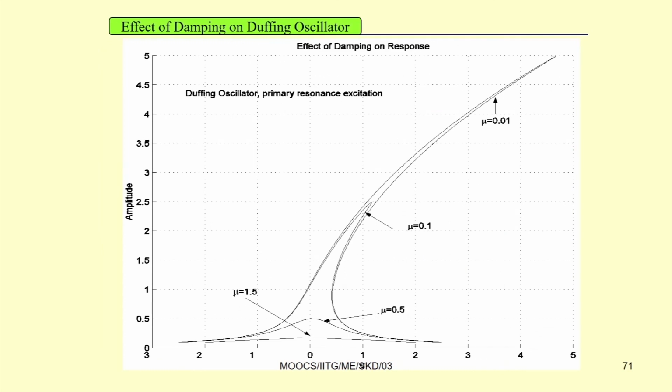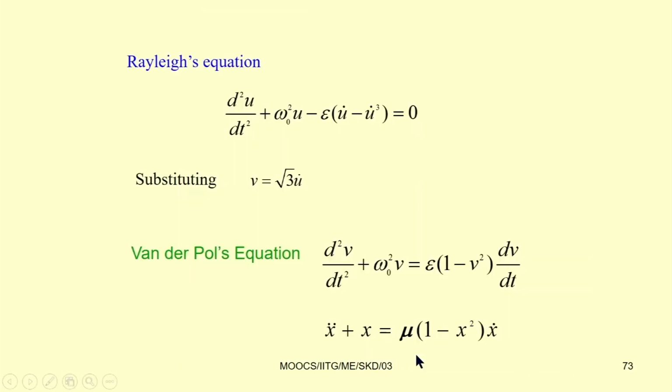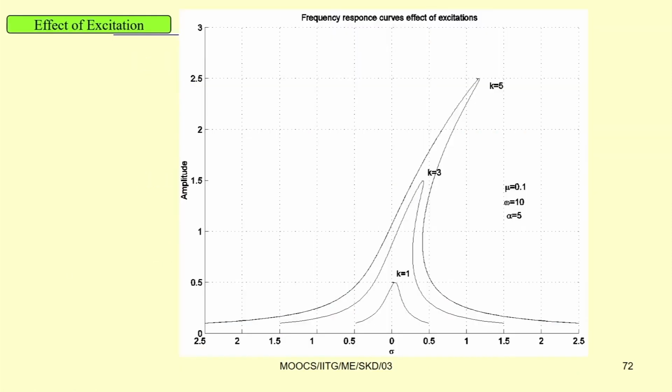For different values of damping you can study the response, and as you have seen in the linear case, in the presence of damping the response amplitude decreases, here also the response amplitude decreases. Here you can clearly observe that you can have multiple solutions, unlike the single solution in the linear case.